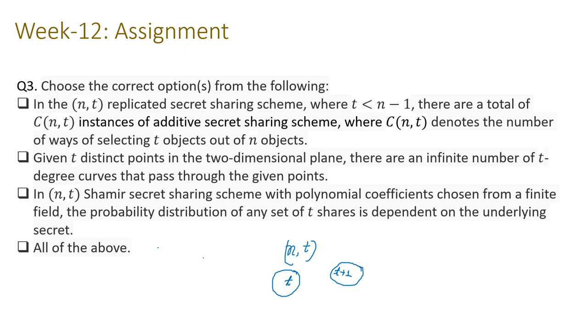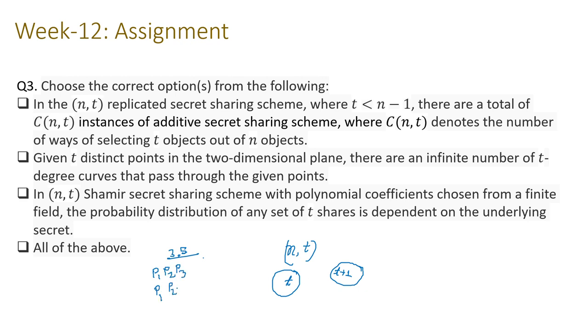So for example, let's say I am saying a 3 out of 5 system, which will mean that there will be a requirement of 3 shares coming together to reconstruct the key. In that case, what you do is take all the possible subsets of size 3, right?